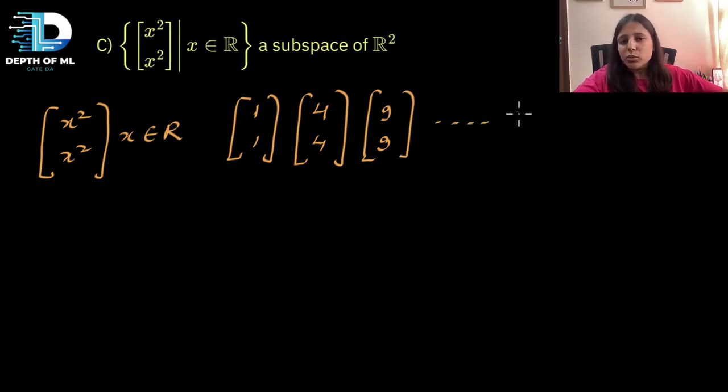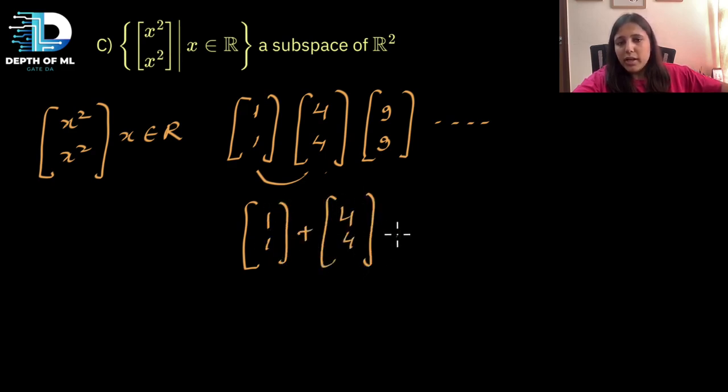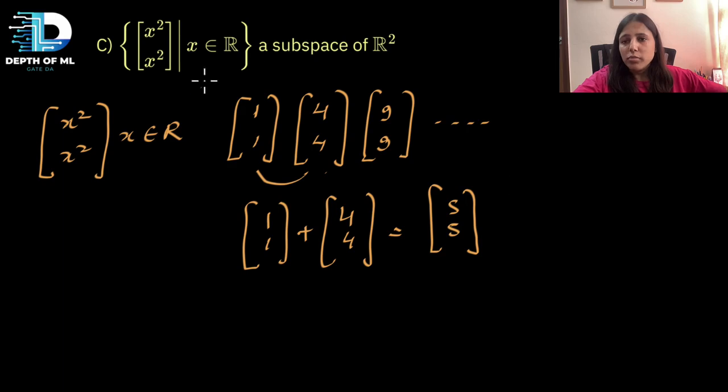Now this is very easy to disprove using an example. Let me take two of these and add them up. (1, 1) plus (4, 4), and I'll get (5, 5). Now this (5, 5) is actually not of the form x square, right? 5 is not equal to x square. It's not a square of some number.